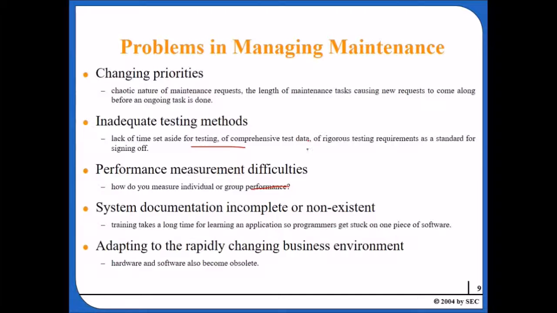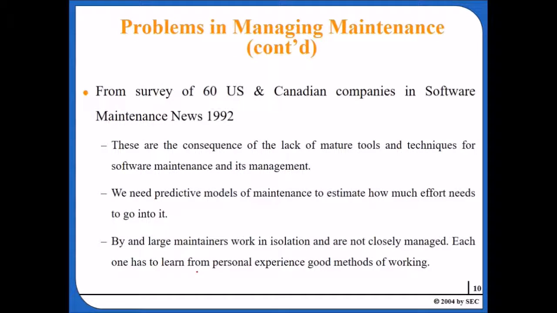Training takes a long time for learning an application, so the programmer gets stuck on one piece of software. And adapting to the rapidly changing business environment, hardware and software also become obsolete. A survey of 60 US and Canadian companies in Software Maintenance News 1992 found that these are the consequences of the lack of mature tools and techniques for software maintenance and its management.